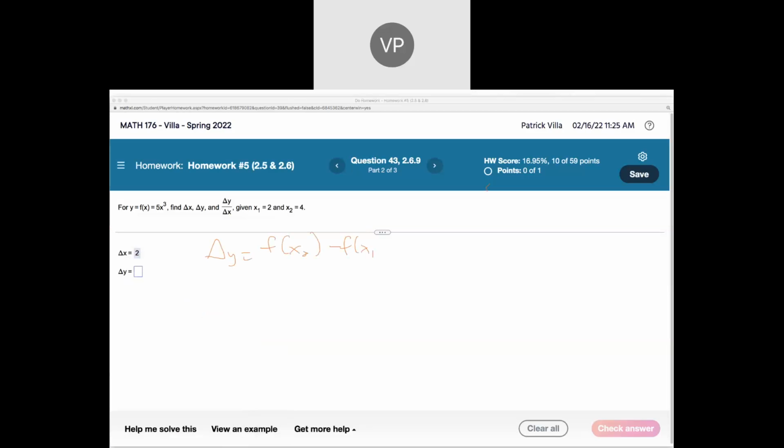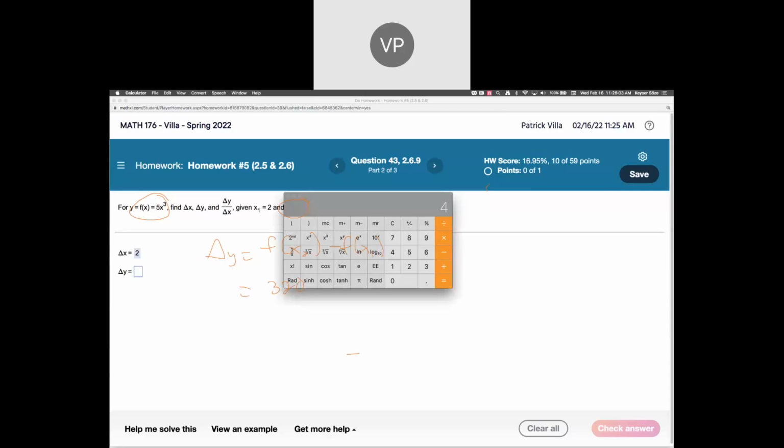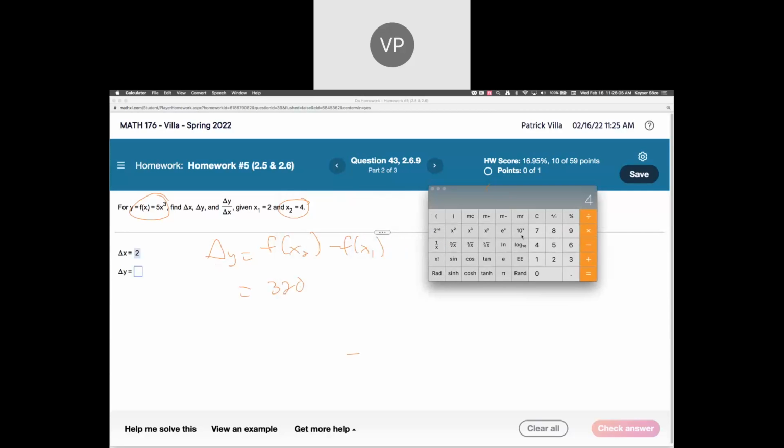Plug them both in and see what you get. When I plug 4 into this function, I get 5 times 4 to the third. 4 to the third is 64, so I have 320 right here. Make sure you're getting that. 64 times 5, there's your 320.